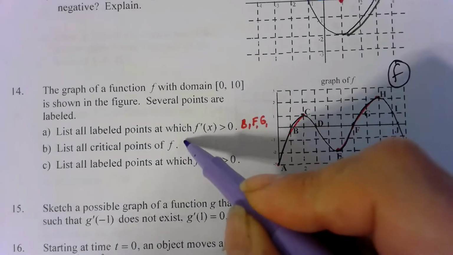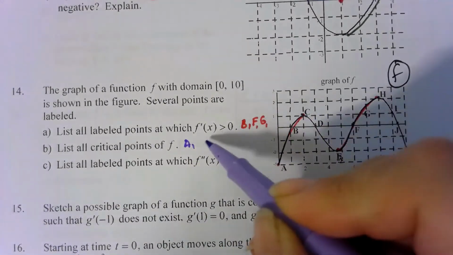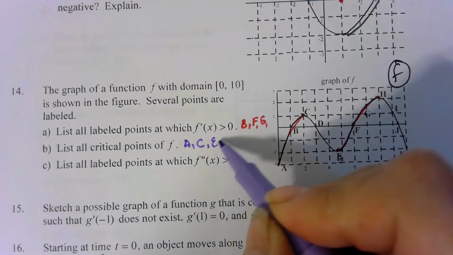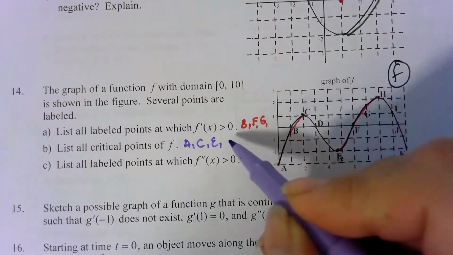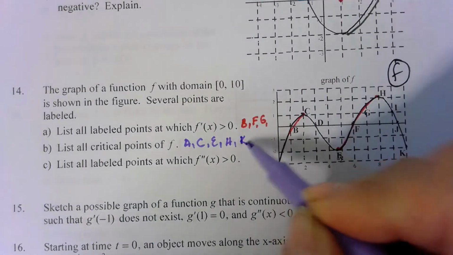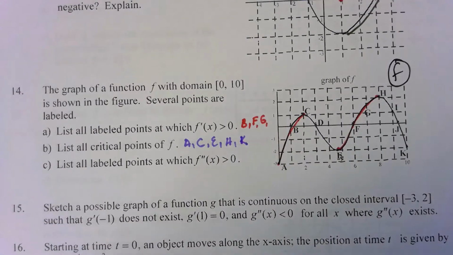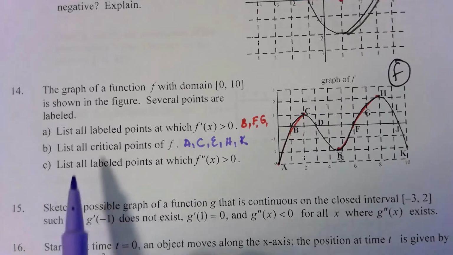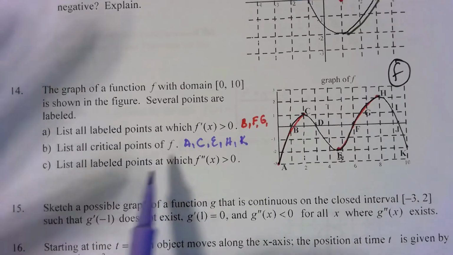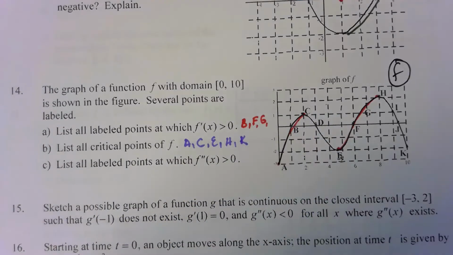So it's going to be A, C, because the derivative would be 0 there, E, derivative 0, H, derivative 0, and then this other endpoint here, K, I think it is, the derivative doesn't exist there either. So those would be the places where the derivative does not exist or equals 0. That's what makes a critical point, or critical number.